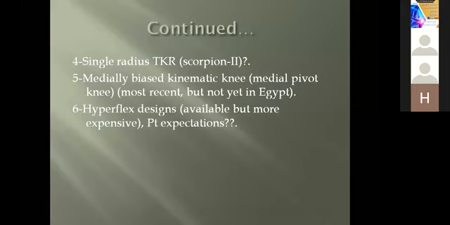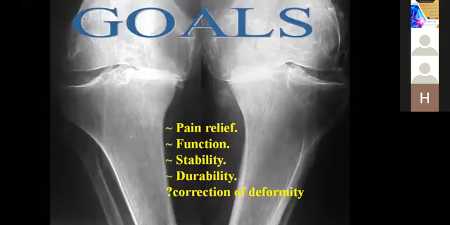Although the design allows this degree of flexion and range of motion, if the patient is doing this on a daily basis, there will be accelerated wear and he will be faced with an early revision, maybe 6 or 7 years post-operative. What are our goals in doing total knee arthroplasty?